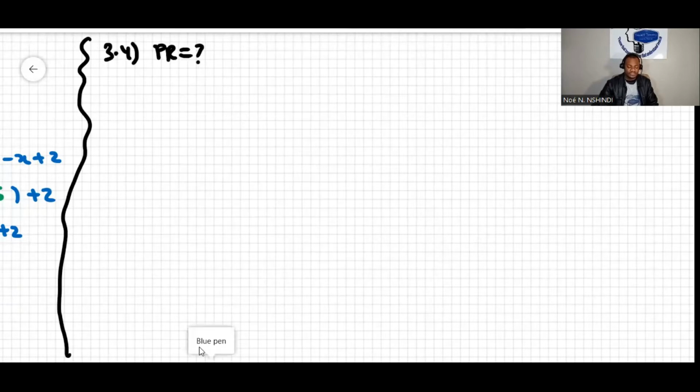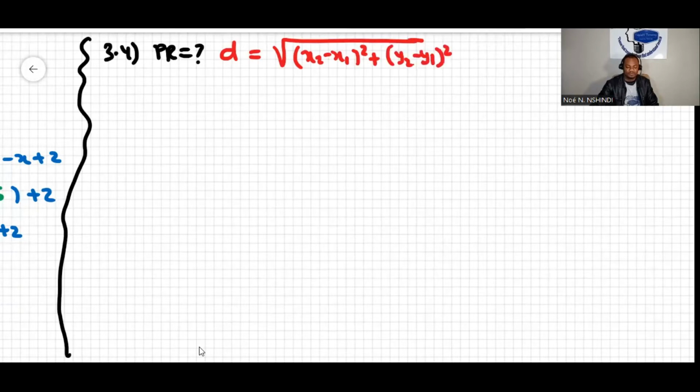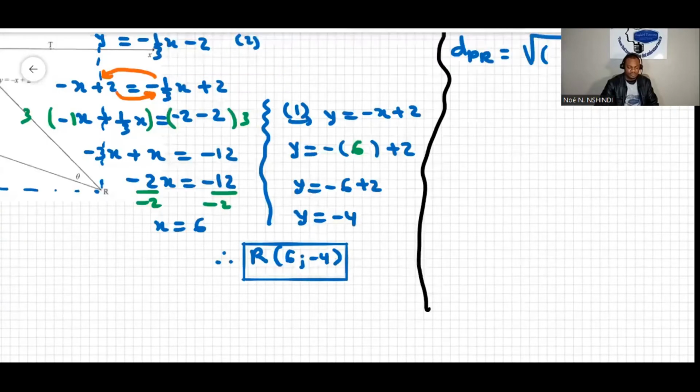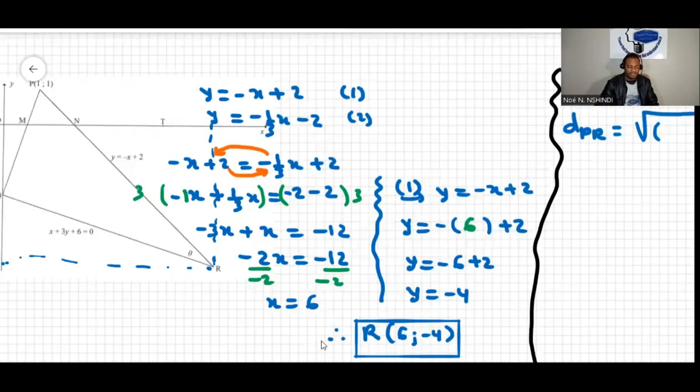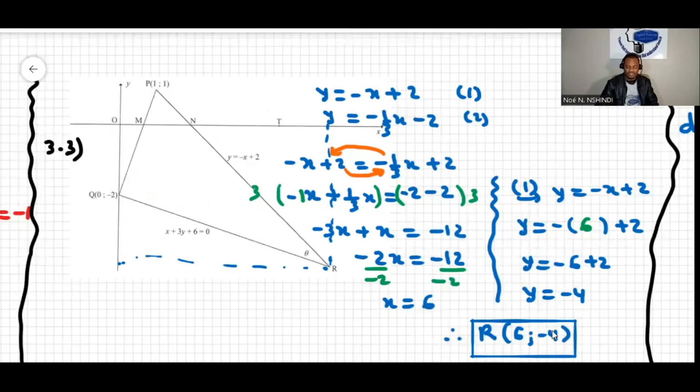By definition, the length is the distance. We use the distance formula to find the length, which is given by the square root of (x2 minus x1) to the power of 2 plus (y2 minus y1) to the power of 2. Over here we want the distance PR. If I look here, P has coordinates (1, 1), and R has coordinates (6, -4).